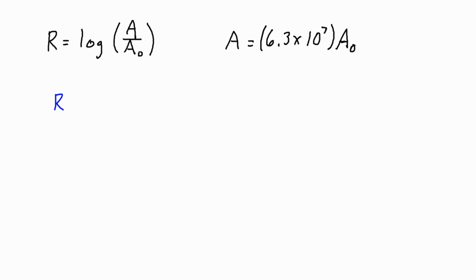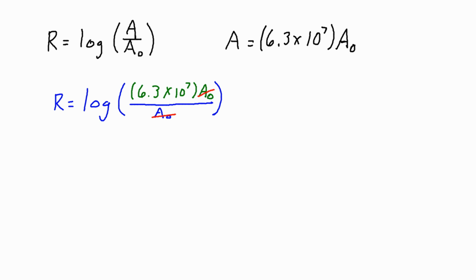R equals log of A, which is 6.3 times 10 to the 7th A sub 0, divided by A sub 0. Again, our A sub 0's cancel, leaving me with log base 10 of 6.3 times 10 to the 7th.